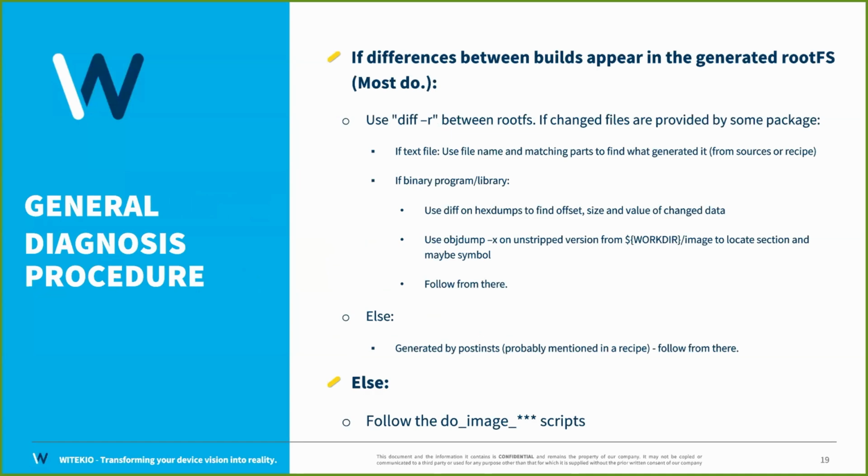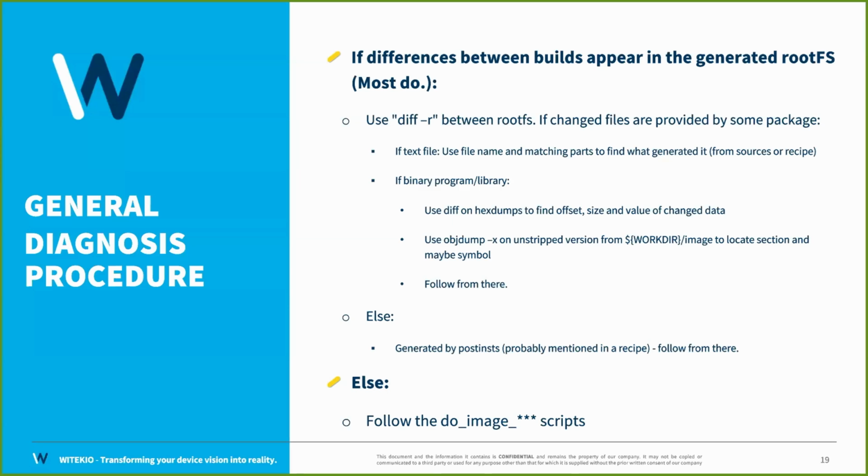So you can have differences appear inside the generated rootfs or after that during the image creation. If it's during the image creation, you will quickly find the culprit inside the do_image tasks defined by Yocto. But if it's in the rootfs, there are still two cases.